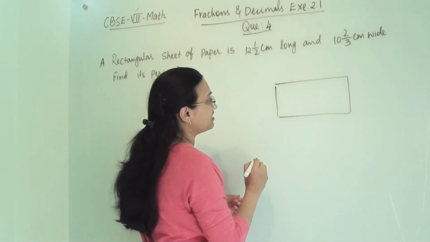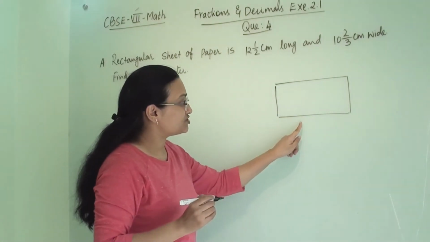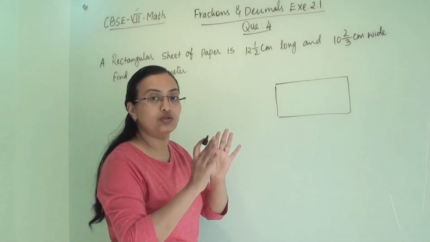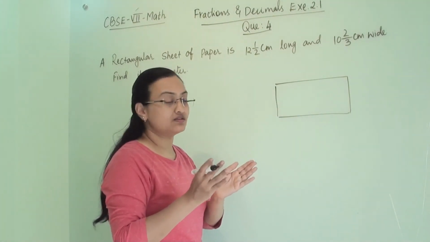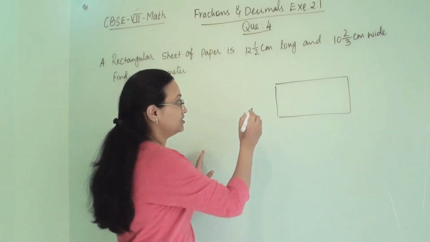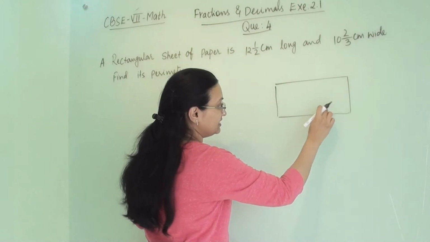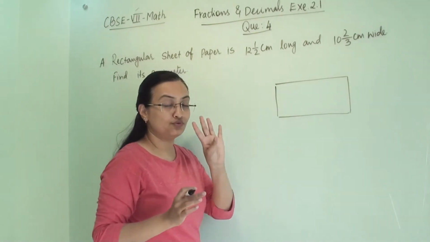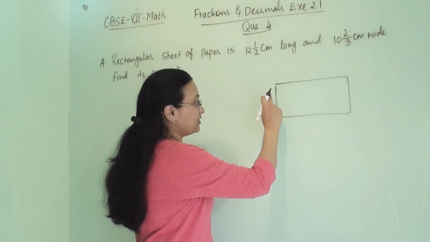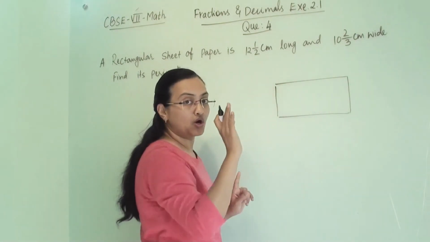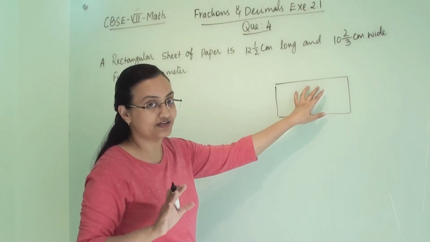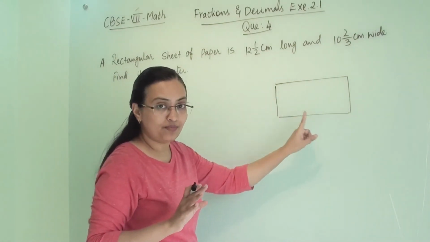When we have the measurement of all the sides and we add all the sides, take the sum of all the sides, that is the meaning of perimeter.